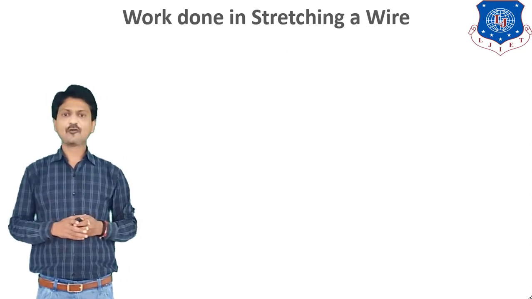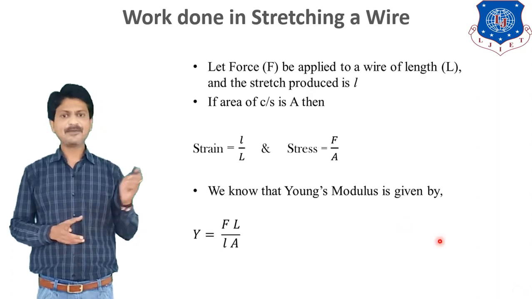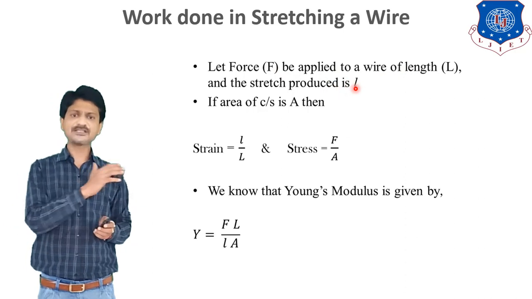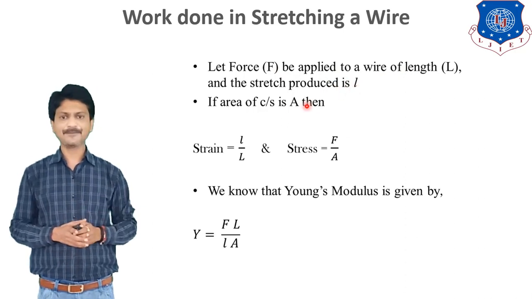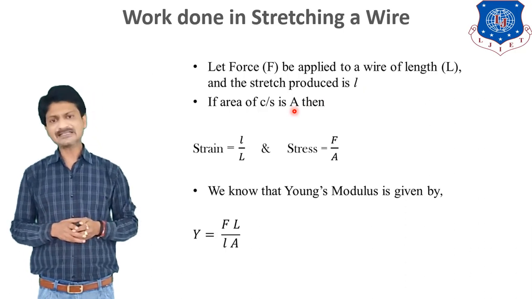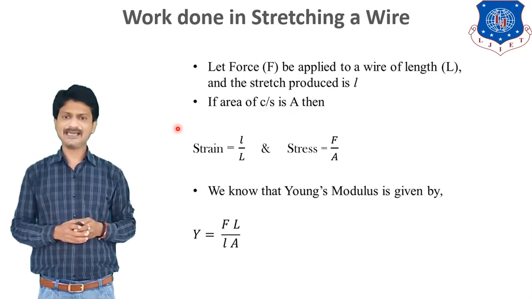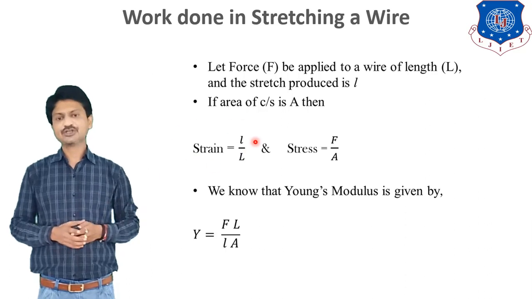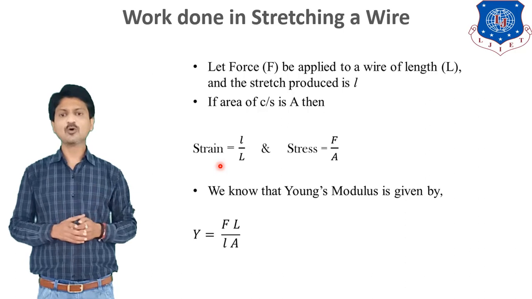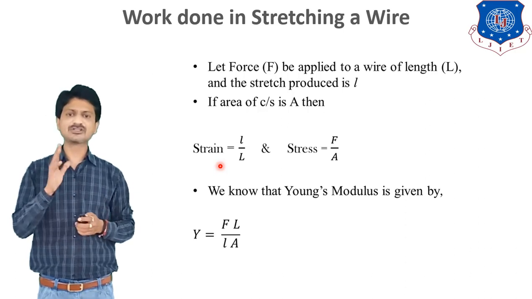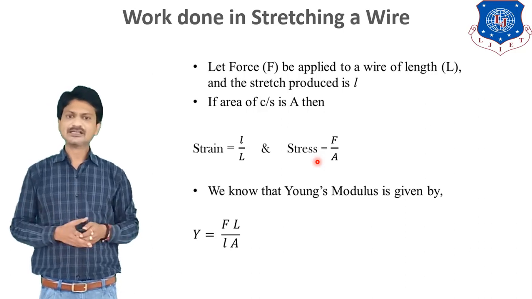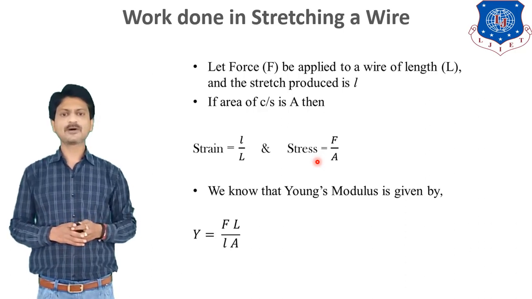So let force capital F be applied to a wire of length L and the stretch produced is small l. Here, if the wire has cross-sectional area A, then we know that strain is given by change in length to original length. So strain equals small l by capital L, and we know that stress is nothing but the force per area.